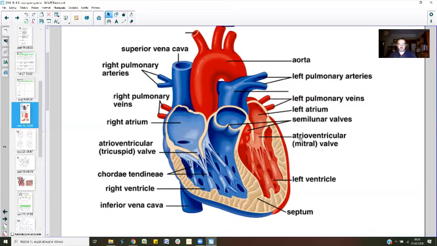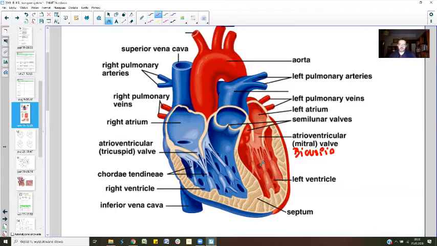This valve is called mitral. The other term very frequently used is bicuspid valve. Again, as on the right side of the heart, this valve is held by chordae tendineae.